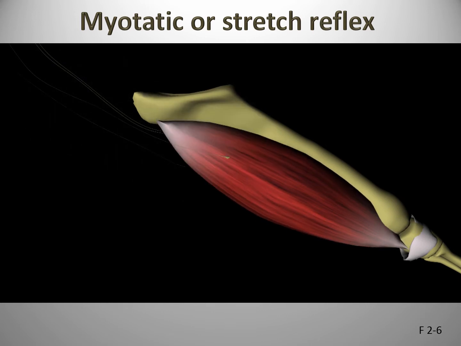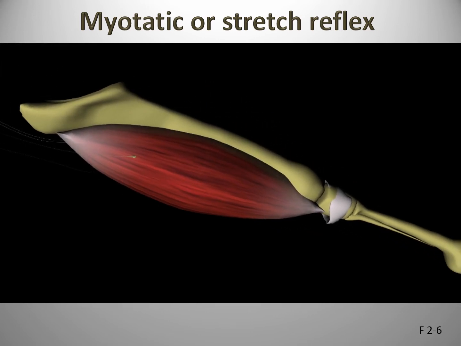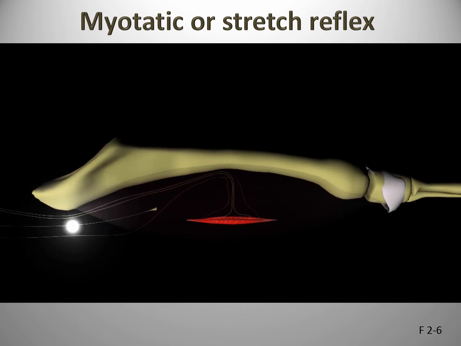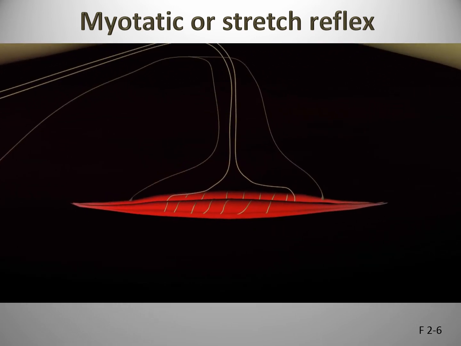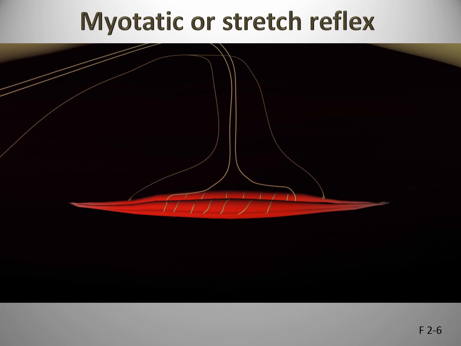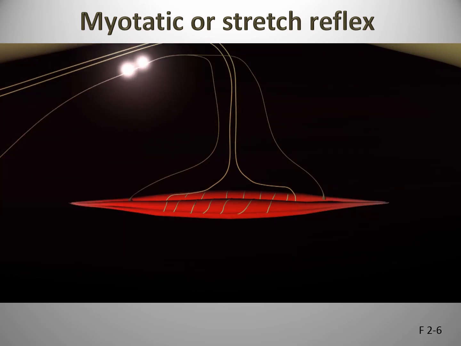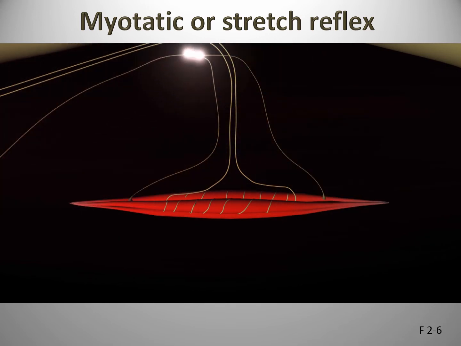The role of the A-gamma motor neuron is to regulate the sensitivity of the muscle spindle as the muscle shortens. They regulate the sensitivity by shortening the muscles of the spindle, thus matching the tension with the muscle.